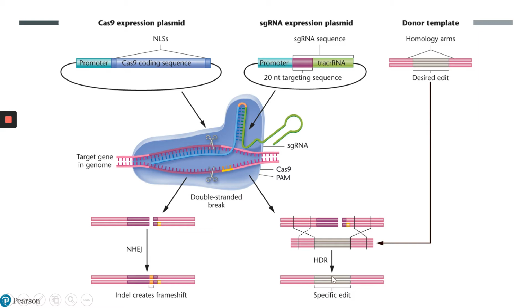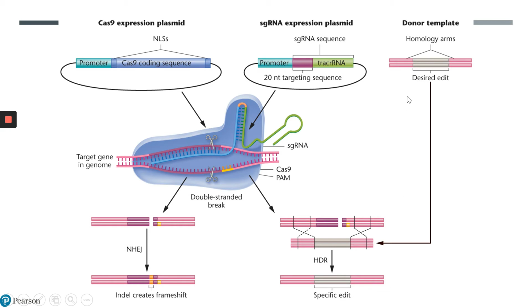Now, if we were to look at the HDR mechanism, during this mechanism, we would introduce a donor template as well as the Cas9 and sgRNA expression vectors into a mammalian cell. The donor template contains the region that has been cleaved, as well as a desired genome edit in the sequence. Now, as I've mentioned, during homology-directed repair, the double-strand break is repaired through sister strand invasion.